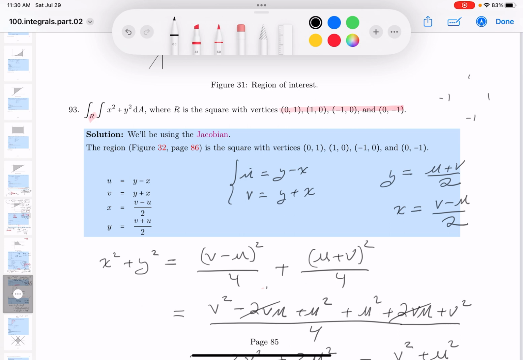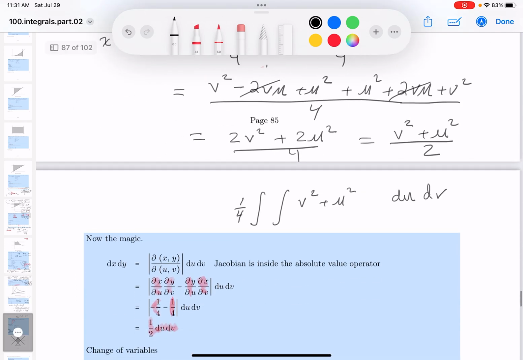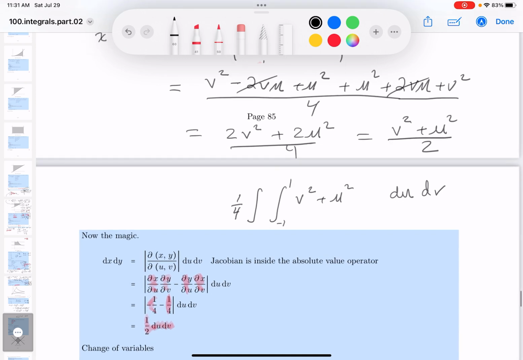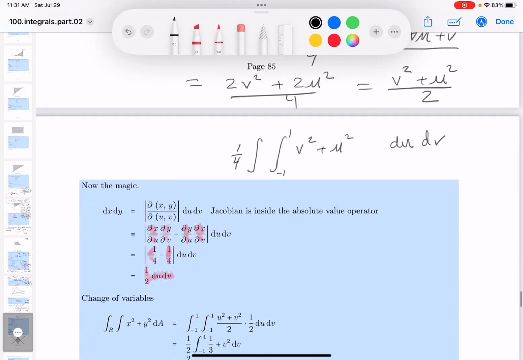So let's see, u is y minus x, right? Minus 1 to 1. All right, let's just check.